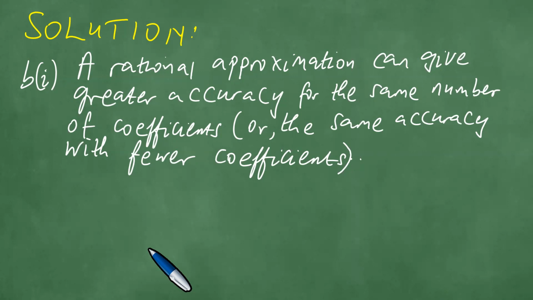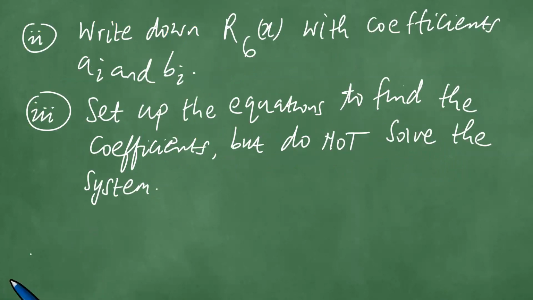Same number of coefficients, greater accuracy, or potentially fewer coefficients, because you can see that these are 6. So if the denominator is of degree 3, then the numerator becomes of degree 3, so you can have the same number of coefficients or potentially even fewer coefficients.